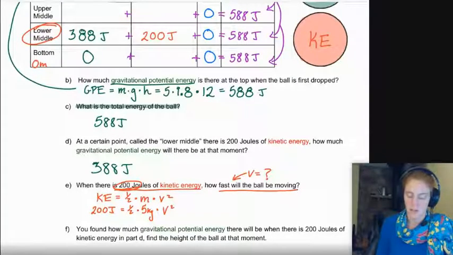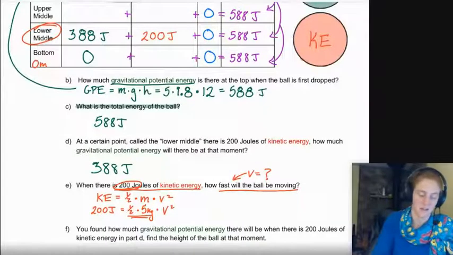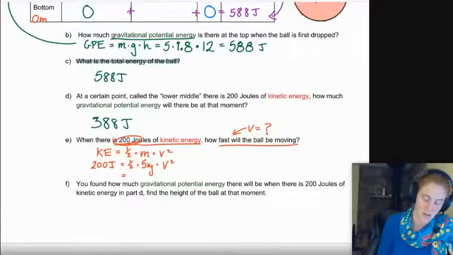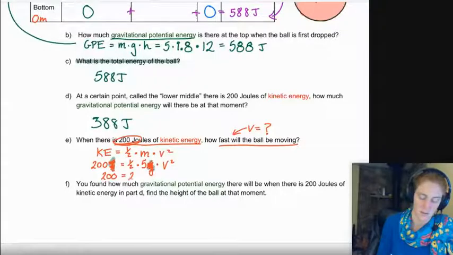So the first thing I can do is I'm going to multiply the 1/2 times the 5. And I'm going to not worry about my units here because that's just going to make things more confusing, so I'm going to get rid of those. So I have 200 is equal to 2.5 times v squared.